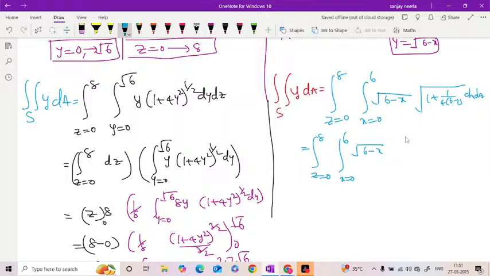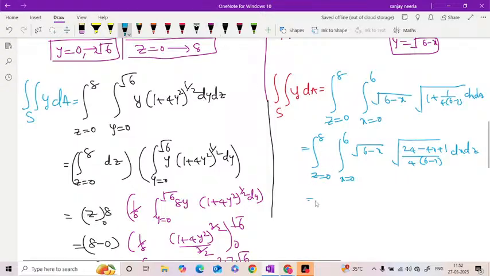After simplification here we will get under root of 24 minus 4x plus 1 by 4 into 6 minus x, dx into dz. So root of 6 minus x will cancel.